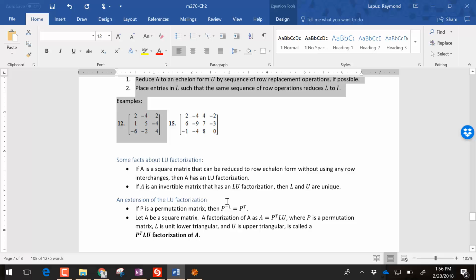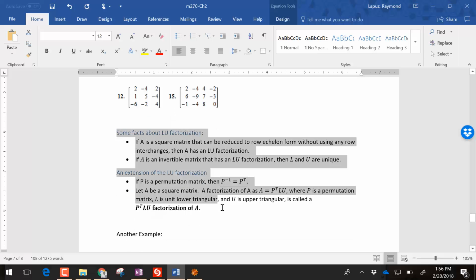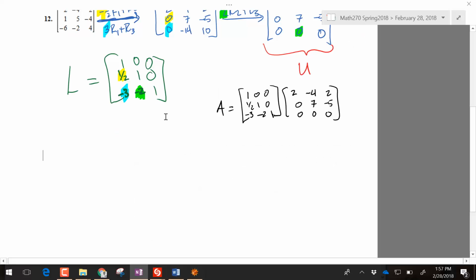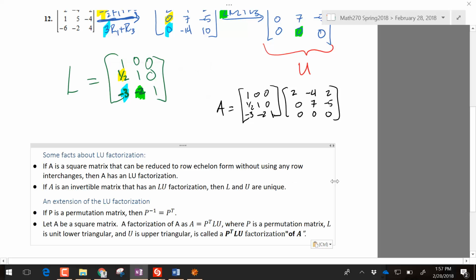And there are a few facts about this. If a square matrix can be reduced to row echelon form without using any row interchanges, then it has an LU factorization. If A is invertible, then L and U are unique. Oh, so it's not invertible in this case, so maybe it wasn't unique.